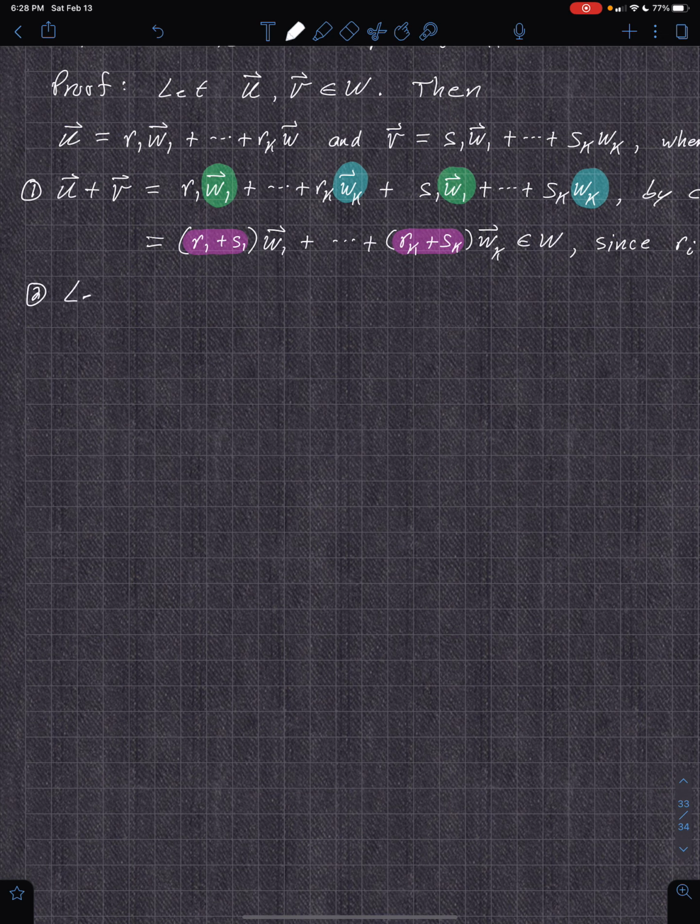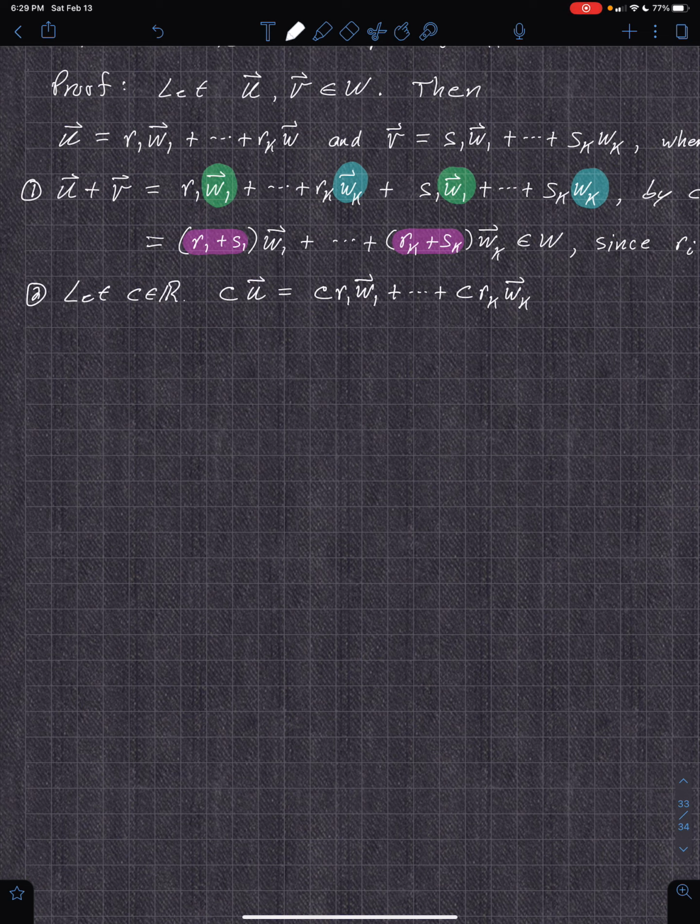Let's now let c be in R, and then we'll show the scalar multiple. So c times u is going to equal c times r1 w1 plus, etc., all the way to c times rk wk.